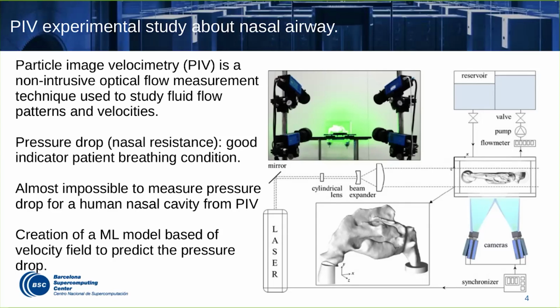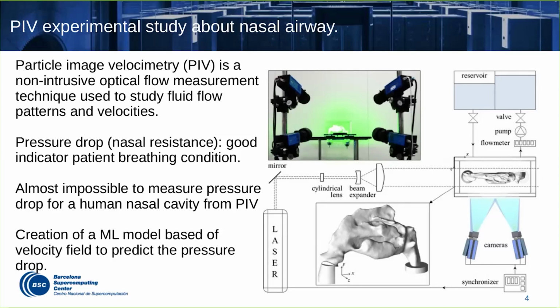It is a non-intrusive optical flow measurement technique. So it is used to study the fluid flow pattern and the velocities. So in other words, it digitalizes the flow experimentally to 3D. So with this, you have lots of information like recirculation, acceleration, constrictions, and you have, of course, the pattern of the flow.